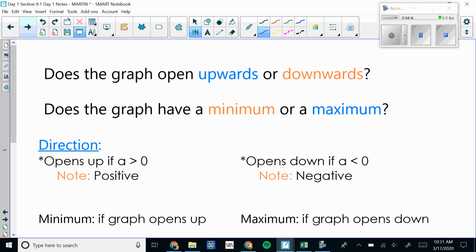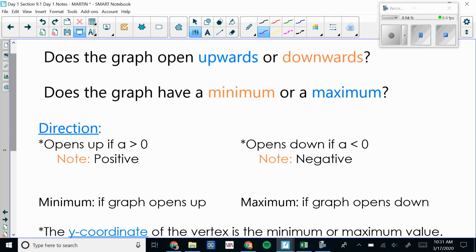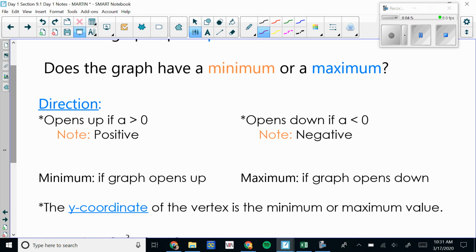All right, does it open upwards or downwards, and does it have a maximum or a minimum? You'll notice that if it opens up, let me just draw one. That opens up. This is going to have a minimum value, right? These keep going up and up, but this one is stuck right there.